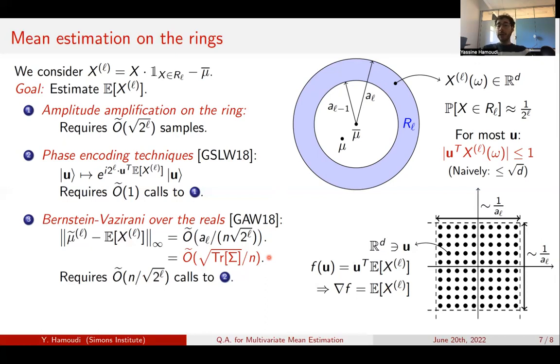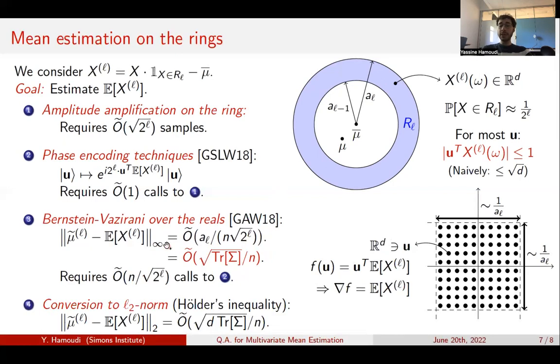So now we just have to switch from L-infinity distance to L2 distance. And for that, we just apply Hölder's inequality, which tells us that indeed the error that we achieve is of the order of the square root of the dimension times the trace divided by n, which is the result that we wanted to obtain. And this concludes the description of the algorithm.